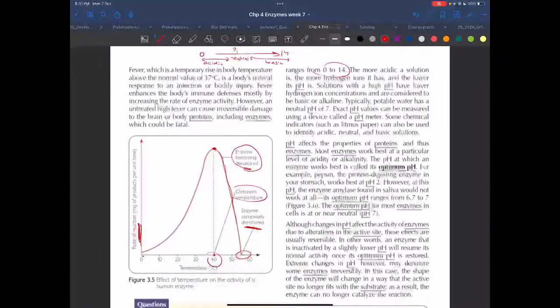So now if I ask you a question, answer me in the chat, please. I tell you, you have an acidic solution. Do you have a high concentration of H plus or a low concentration of H plus?